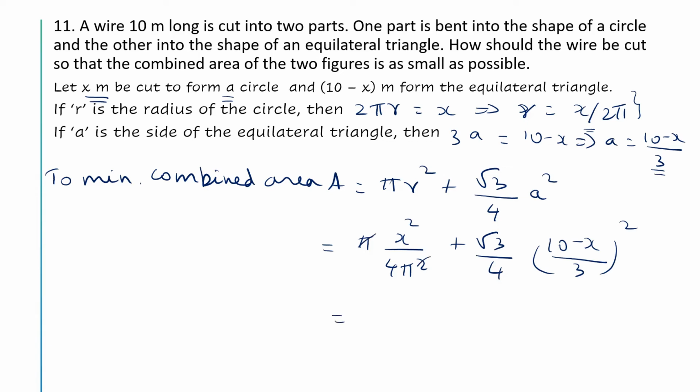So here we get x square by 4 pi and then plus root 3 by 9 into 4, 4 nines are 36. So the LCM is 36. So we have 1 by 36 pi into 9x square, then plus root 3 pi into 10 minus x the whole square. So let me continue here.